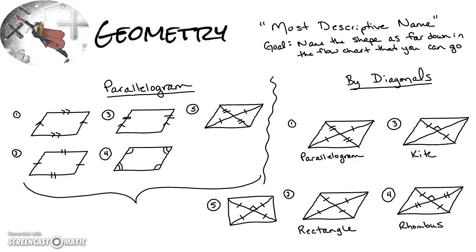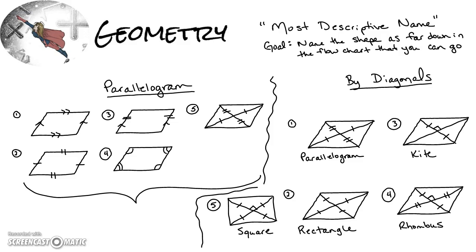That would tell us that the diagonals are congruent, meaning that it's a rectangle, and the 90 at the center tells us that it's a rhombus. So those two things together, we could go all the way down in the flowchart as low as possible to a square. So that would be what we would call that for most descriptive name.